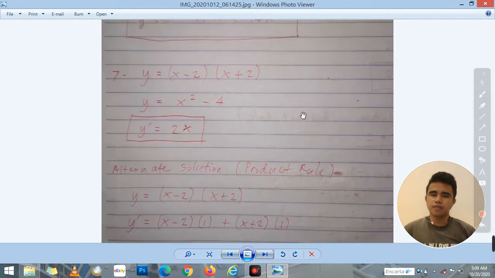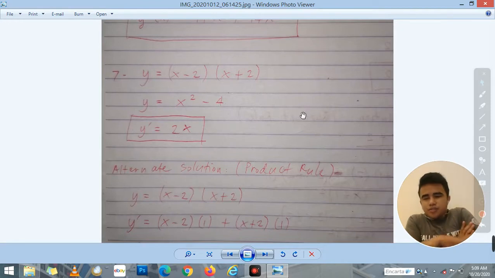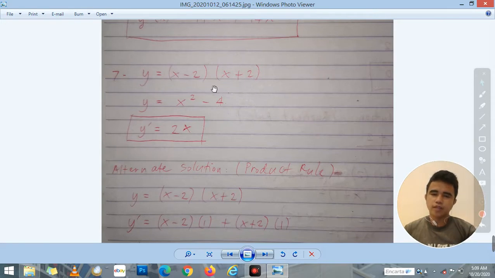Then for number 7, we can use product rule, but to have a more simplified solution, we can simplify first the function. We do not apply the derivative immediately. So, simplify muna natin yung function.